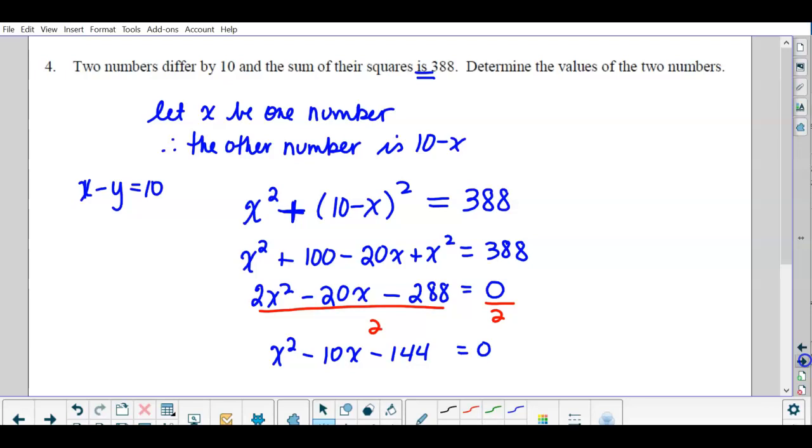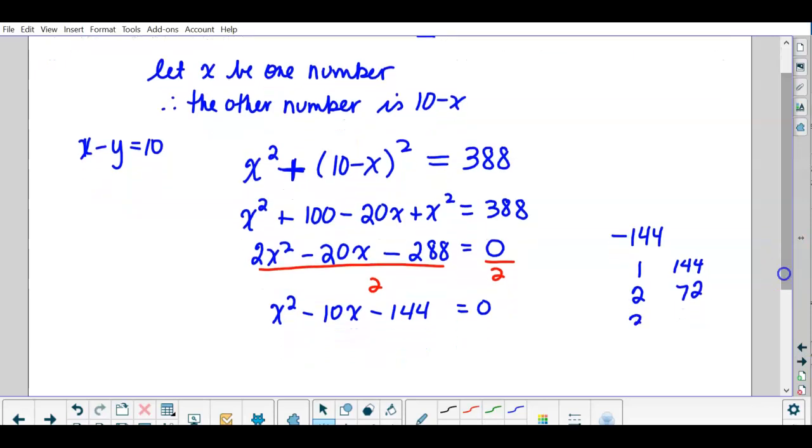Okay, and then you're looking for factors of 144, or negative 144, that add to negative 10. So obviously 1 and 144 is not going to work. 2 and 72 is not going to work. 3 and 48. So you can just use your calculator, or do it in your head. They've got to be 10 apart, basically.